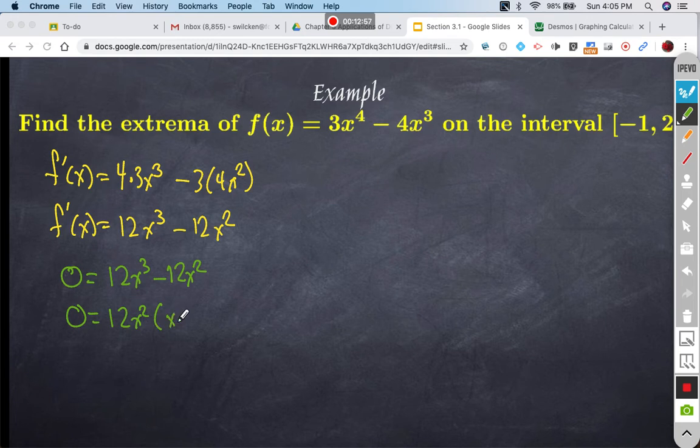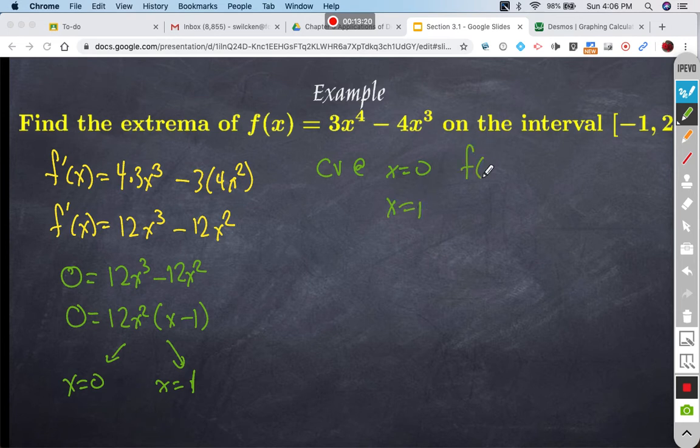And I'm going to get x minus 1. So this is going to say x can equal 0 or x can equal 1. So I have critical values at x equals 0, x equals 1.